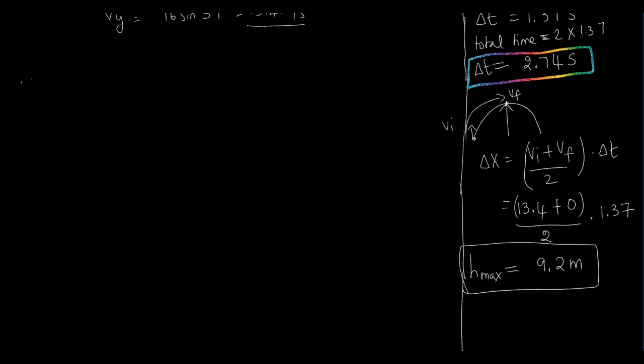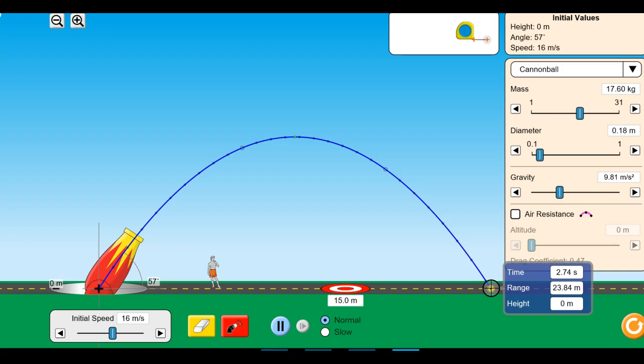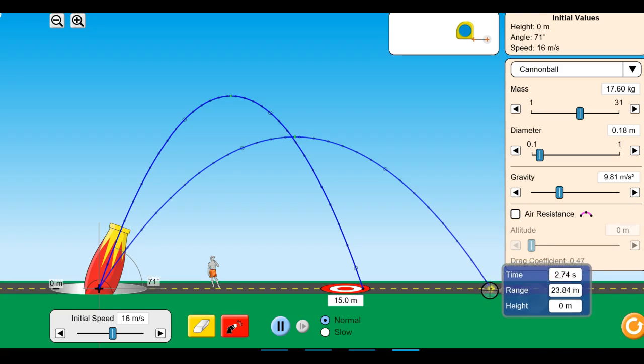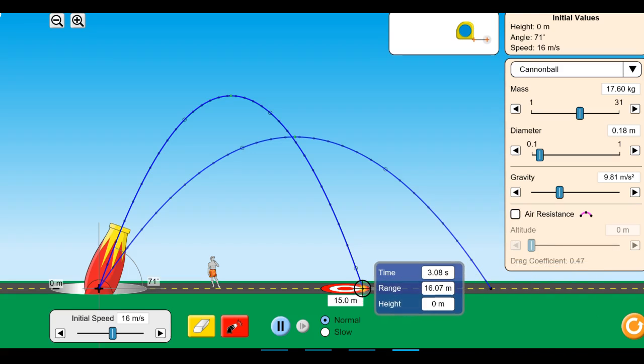Okay. A couple other things with the angle projectile is you want to be able to understand what happens as you manipulate the angle. Notice that if I increase the angle, fire again, you can see that even though it went higher and took a longer time, 3.08 seconds compared to 2.74, the range is kind of shortened.